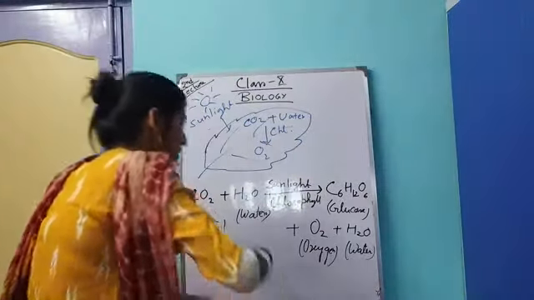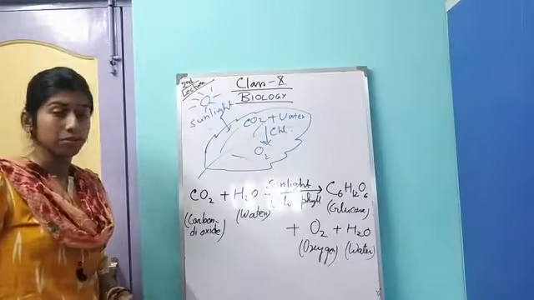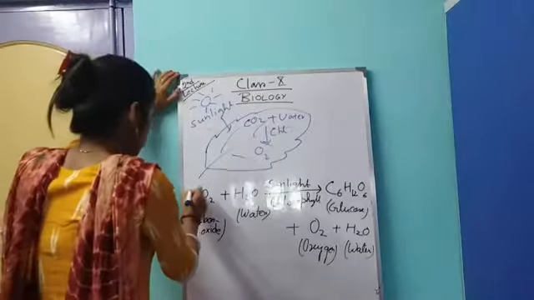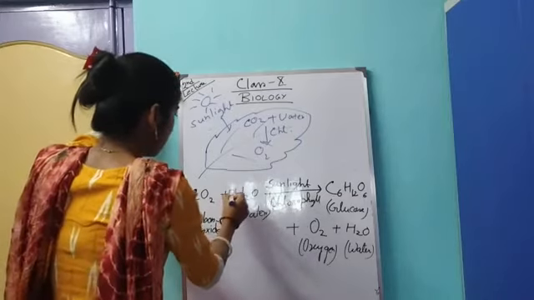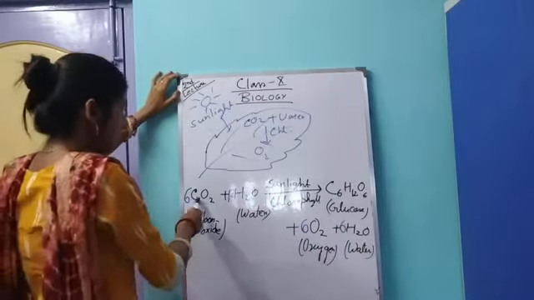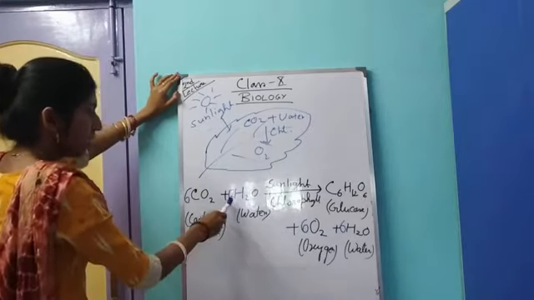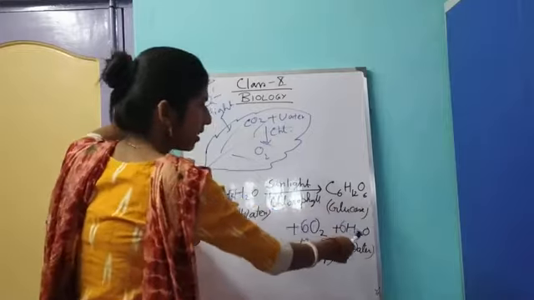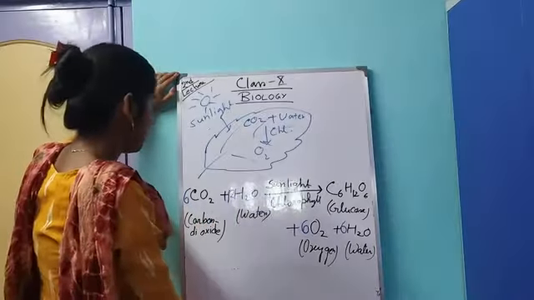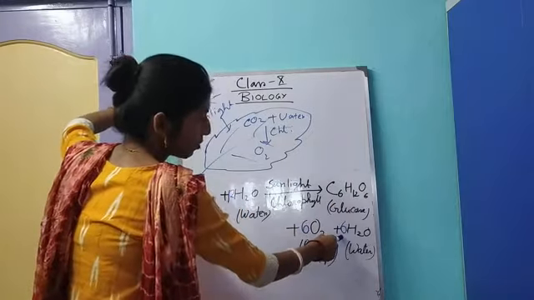Now we need to balance the equation. In your chemistry part you have read the chapter on balancing, so now you know how to balance. So if we write 6 here, 12 here, and 6 and 6. Now check 6C. 6 into 2, 12 and 12, 24 O: 6 plus 6 plus 12, 24 O. Now H: 12 into 2, 24; 12 plus 12, 24.